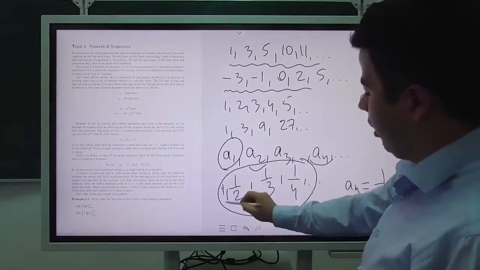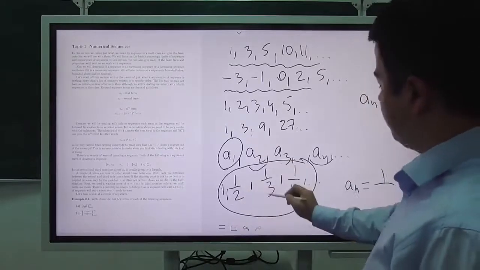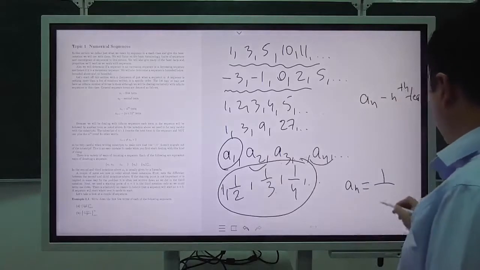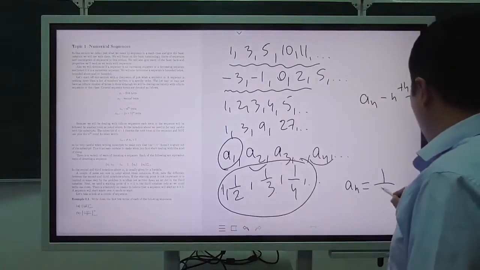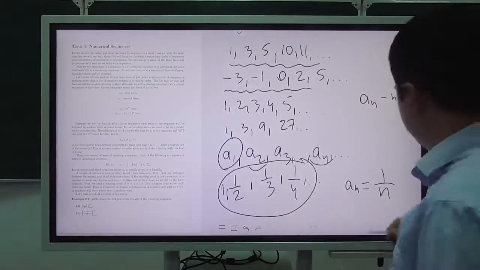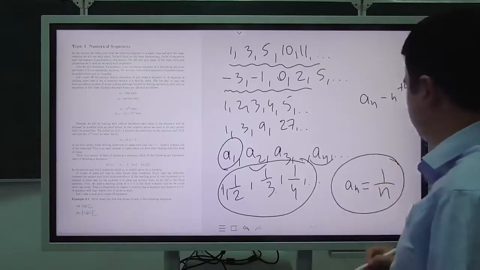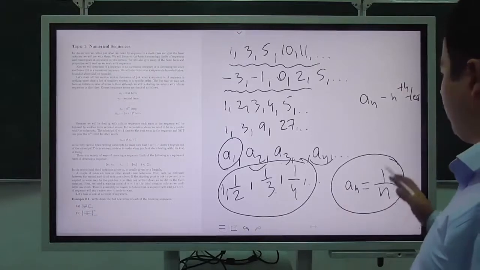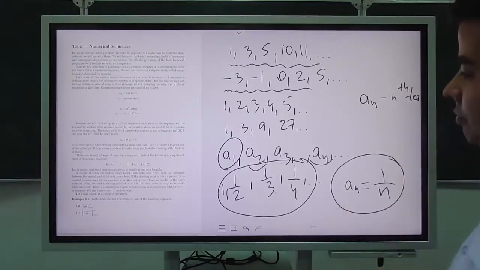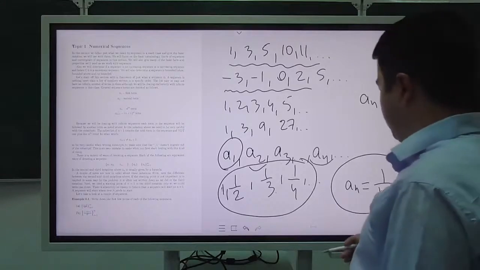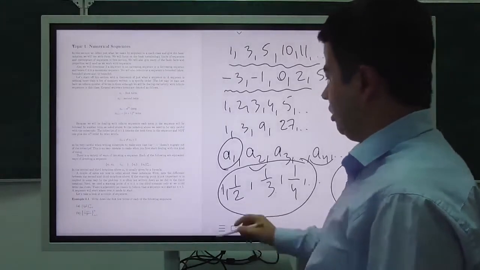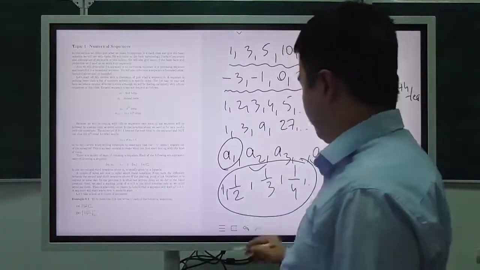This is 1/1, 1/2, 1/3, 1/4, etc. And we get an, in this case, 1/n. This is the general term of a sequence. So 1/n we get here. And now, consider the examples here. Example number 1.